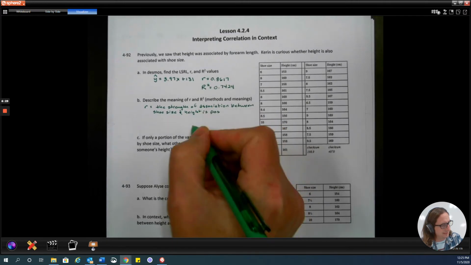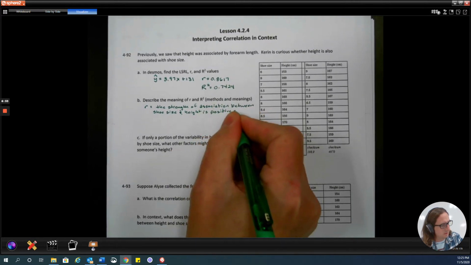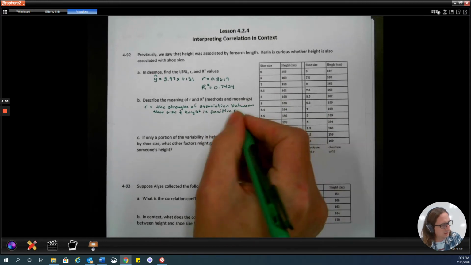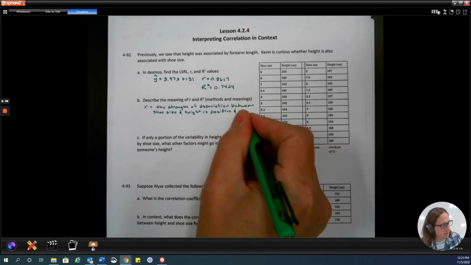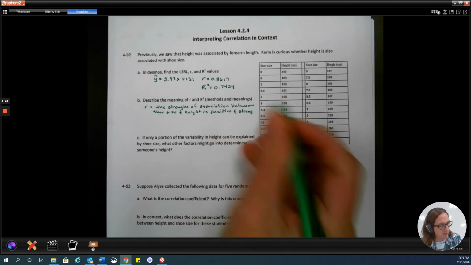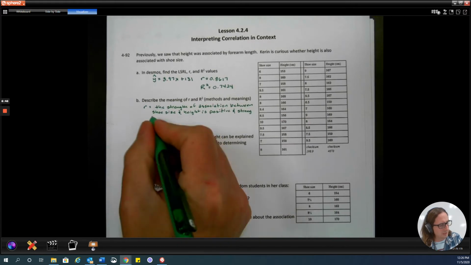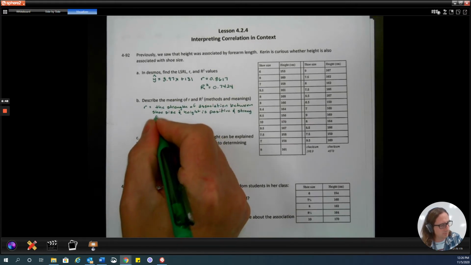That means it's increasing from left to right. And strong to moderate, for a linear association, for a linear model.